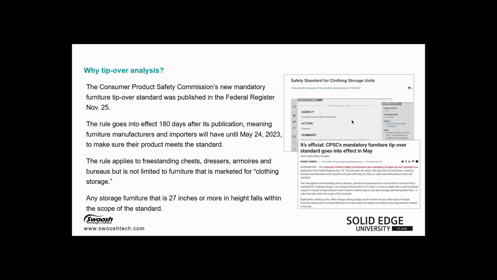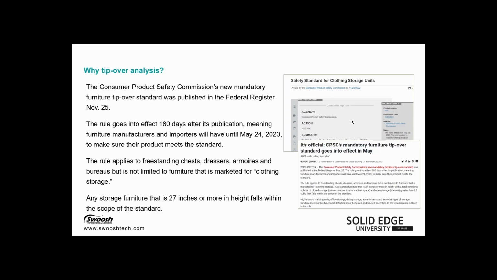So why tip-over analysis? The Consumer Product Safety Commission came up with a mandatory furniture tip-over standard that was published in the Federal Register. The rule goes into effect 180 days after publication, which means until May 24th, furniture manufacturers have to make sure that their products meet the standard.